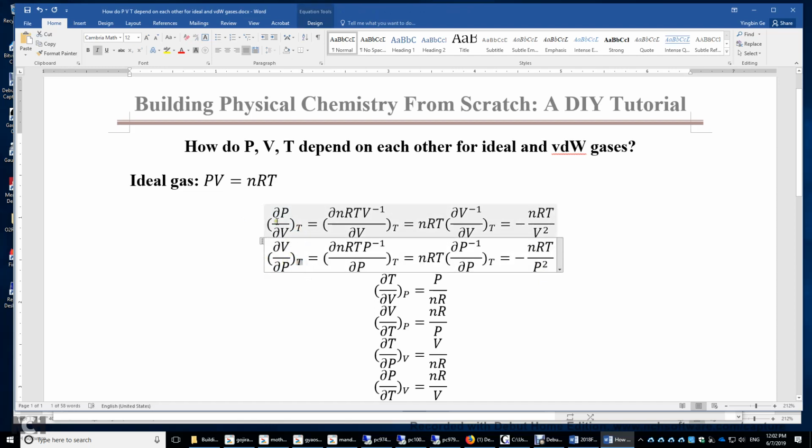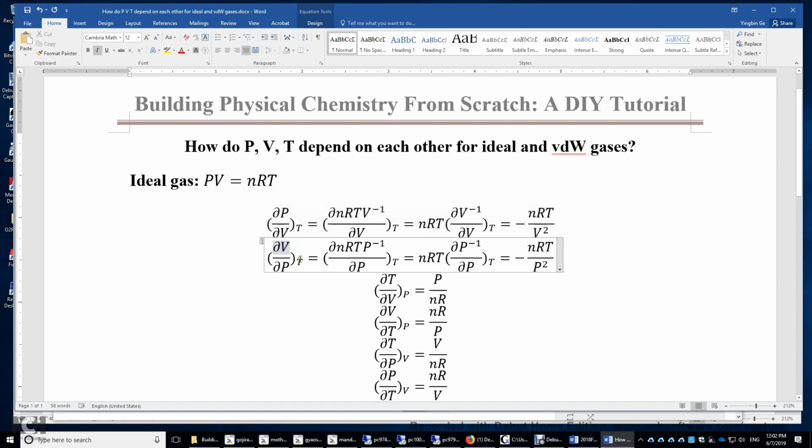So basically, it just tells you for an isothermal process, how does P depend on V, and then how does V depend on P. Therefore, these two are reciprocal to each other. And again, you have to check the subscript.